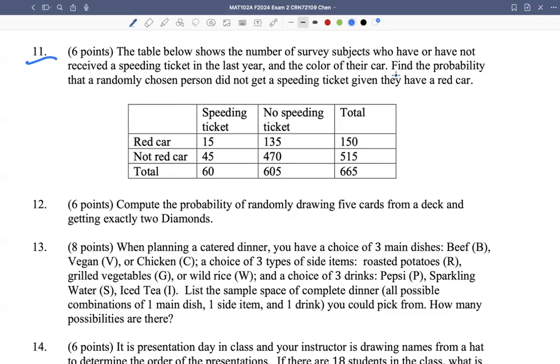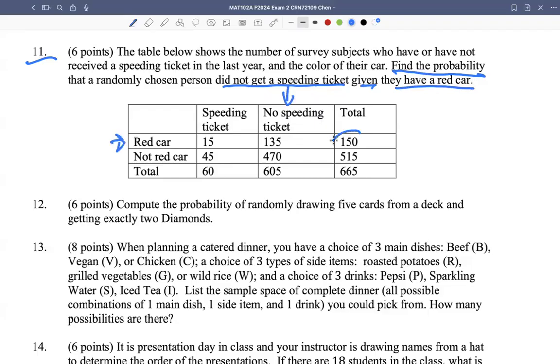Given this, we want to find the probability of randomly choosing a person who did not get a speeding ticket, given they have a red car. So we should look for red car first. Red car is here, right?